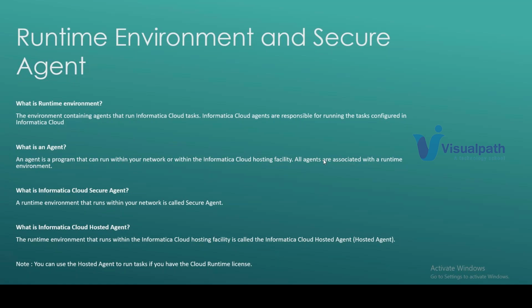Even if you don't have a local agent, you can still run your jobs in the Informatica Cloud hosted agent, but organizations typically would not prefer that. They would always prefer to have a secure agent within their organization to run the jobs, so that they're always sure the data is protected. That is how Informatica came up with the local secure agent. Okay, understood?